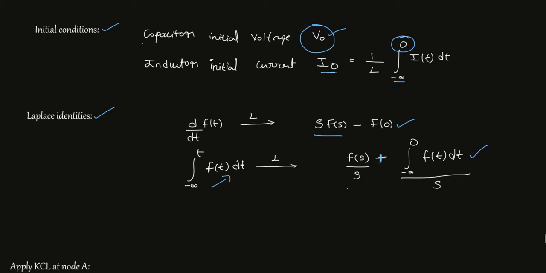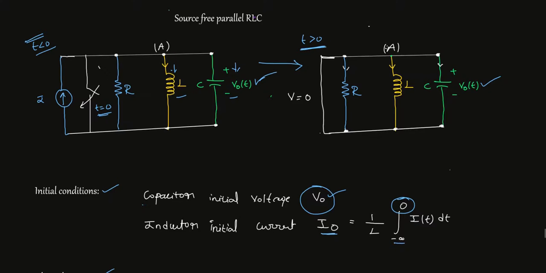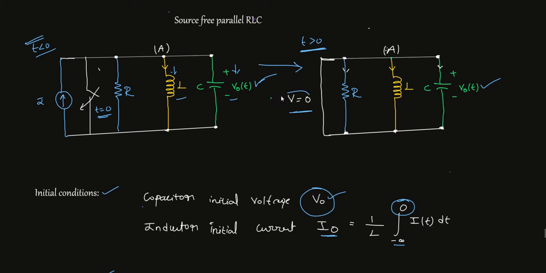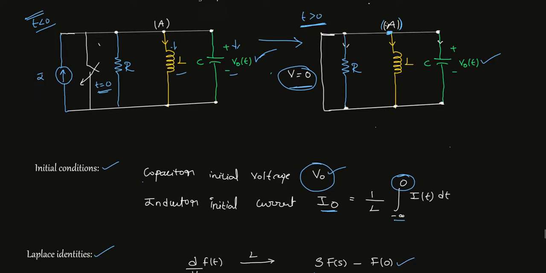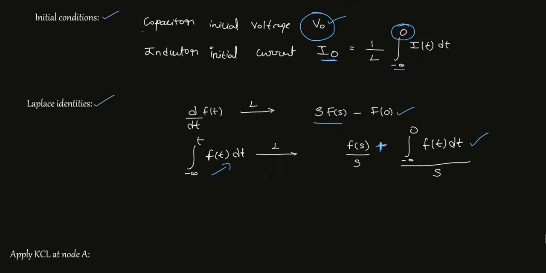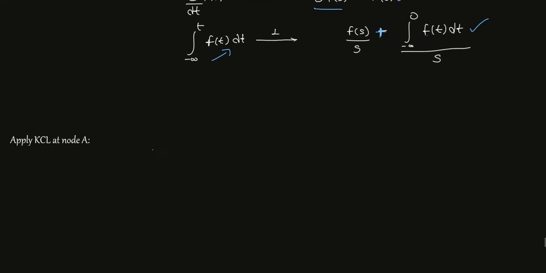Now for this circuit you can see the input voltage is 0, because it is a short circuit. So let us write the KCL equation at node A. You know I of R plus I of L plus I of C is equal to 0, three currents.